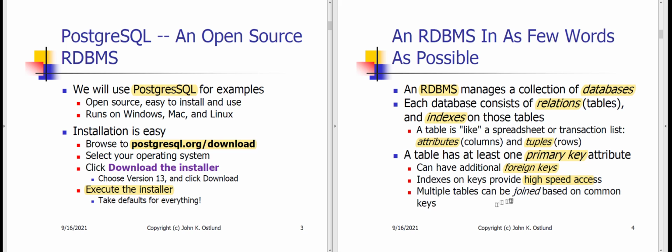Among other things, in addition to being able to create tables, add and remove tuples from tables, and sort the tuples according to various attributes, we can also join together different tables, assuming that those different tables have keys in common with each other.